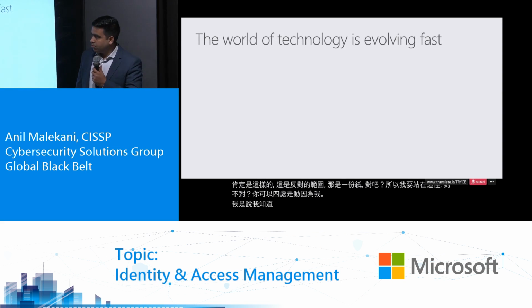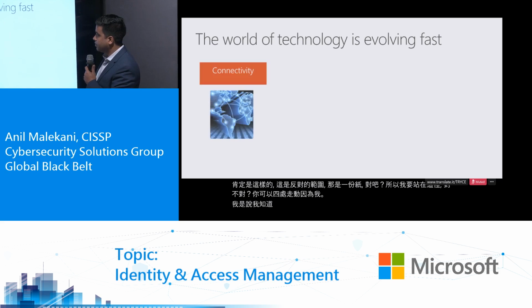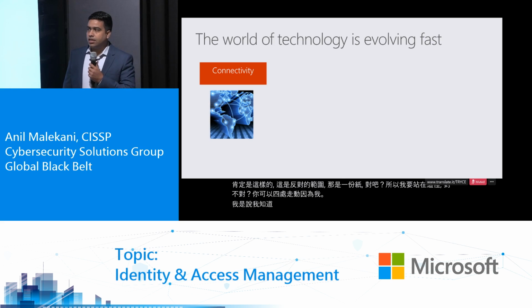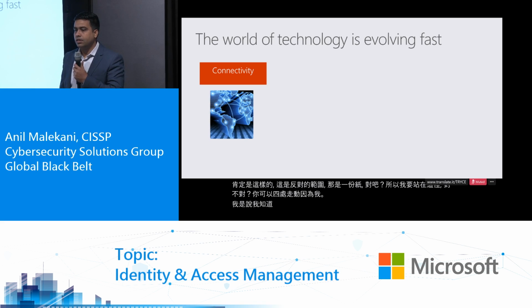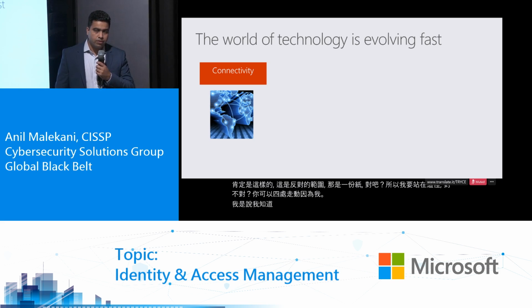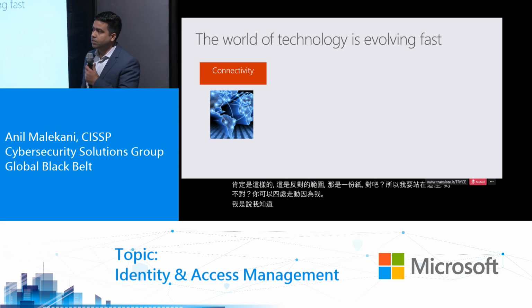Now, if we first talk about how the world of technology is evolving, we'll talk about 4 key areas. The first one is connectivity. If we see over the last 6 to 7 years, the number of users worldwide that have got internet coverage today stands at over 55%, whereas this number in 2010 was around 30%.